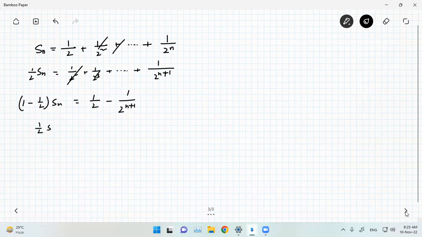So half of half Sn equals, you can take common of the half as well, 1 minus 1 by 2 to the power n. So half and half get cancelled out. So Sn will be basically 1 minus 1 by 2 to the power n.